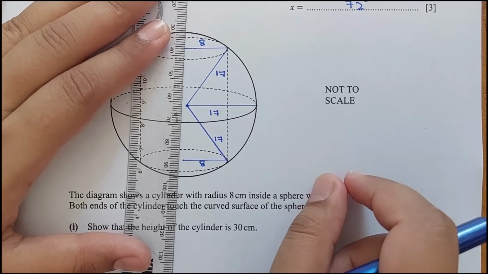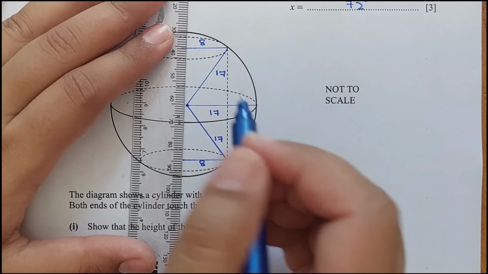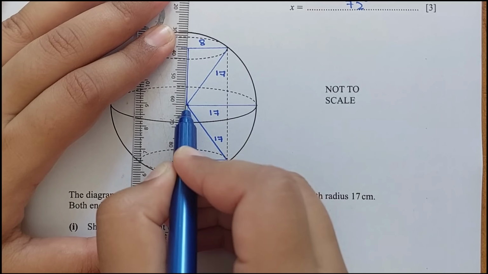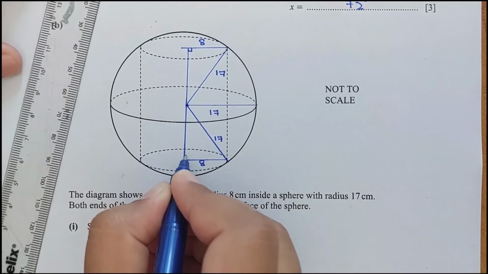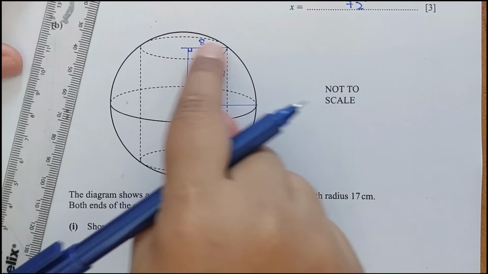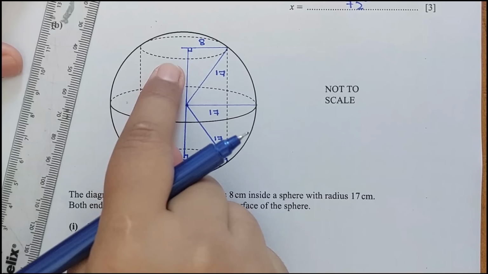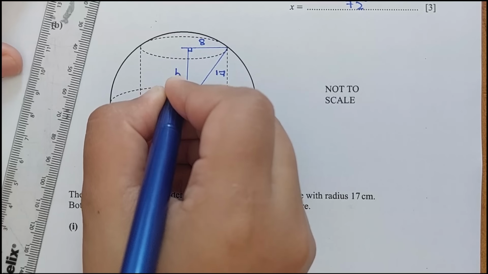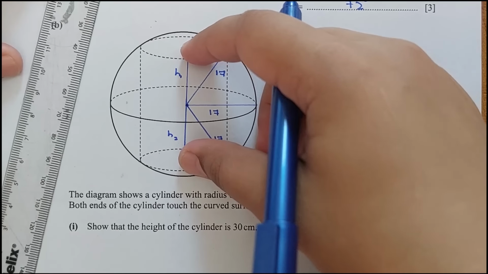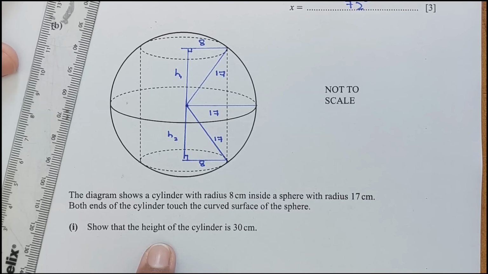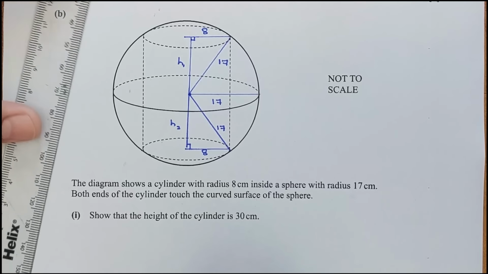If I connect these points, you will get a right angle triangle. This is 8, this is 17. Applying the Pythagoras theorem, we get height 1 and height 2, and adding both heights gives the height of the cylinder, h1 plus h2. Let me apply the Pythagoras theorem to solve for h1 and h2.